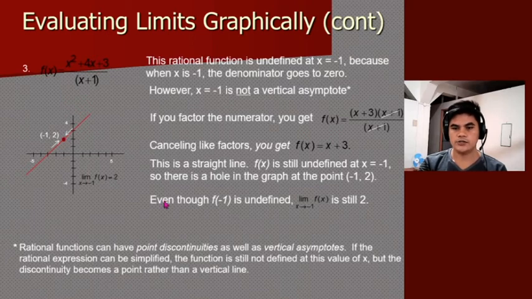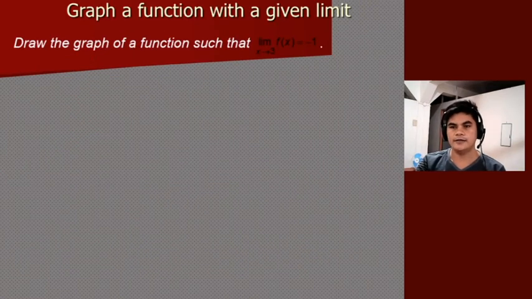So, rational functions can have point discontinuities as well as vertical asymptotes. If rational expressions can be simplified, the function is still not defined at this value of x, but the discontinuity becomes a point rather than a vertical line.